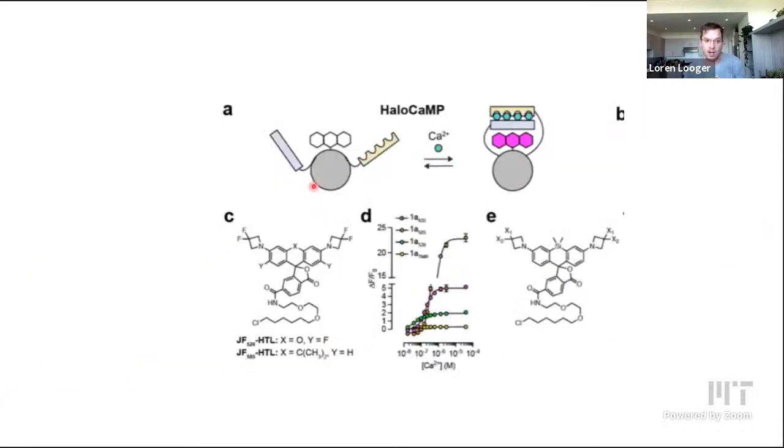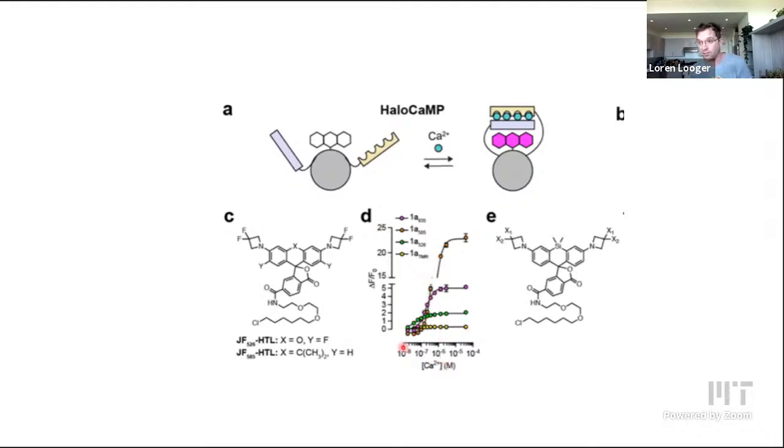What I was saying about the potential for red and far red calcium indicators is that they've used the same trick of replacing a fluorescent protein with a Halo tag and a dye to make something they called HaloCaMP. The signal and noise of these things is not as good as the GCaMPs, obviously, and I think the kinetics are less.